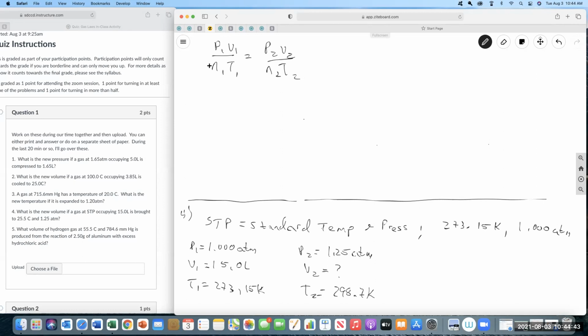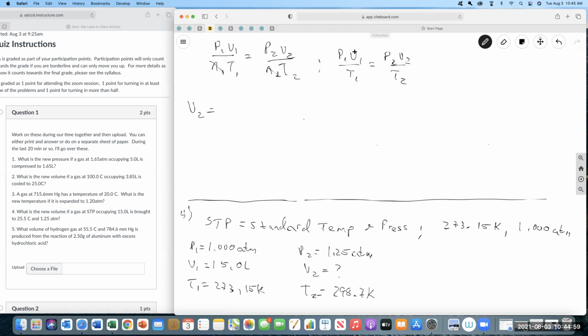And we're not told about the Ns, so the Ns cancel. So then we have P1 V1 over T1 is P2 V2 over T2. We want to solve for V2.